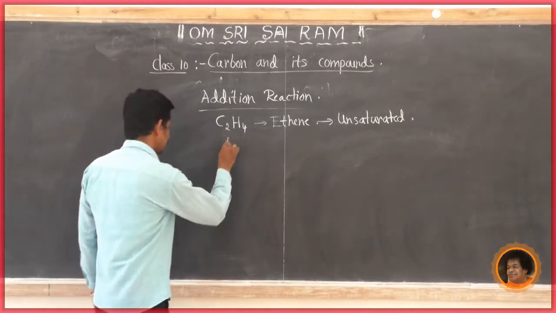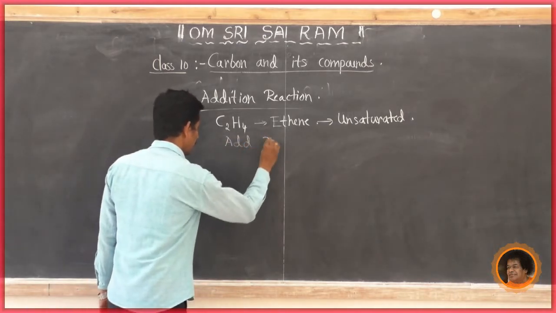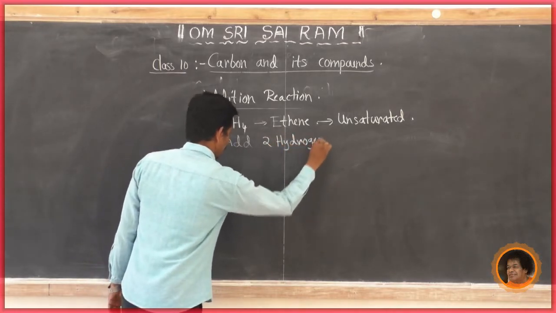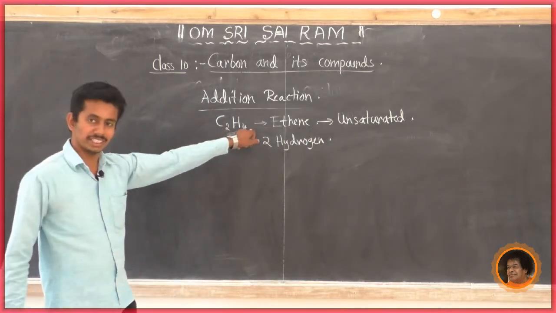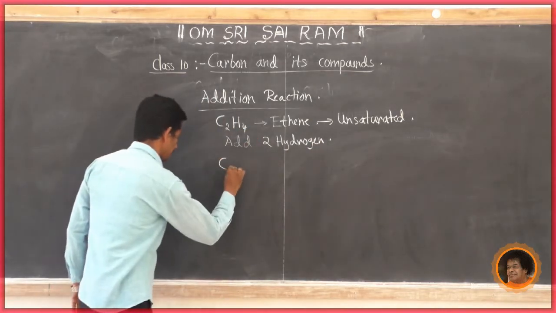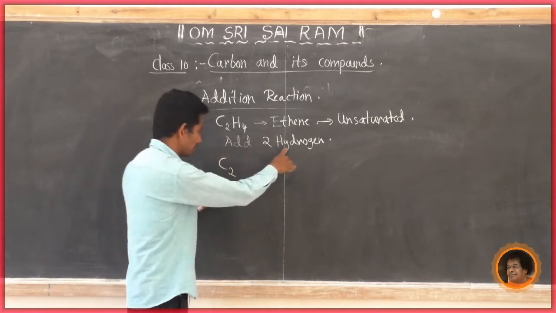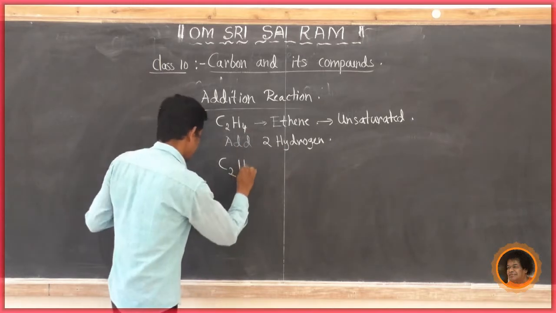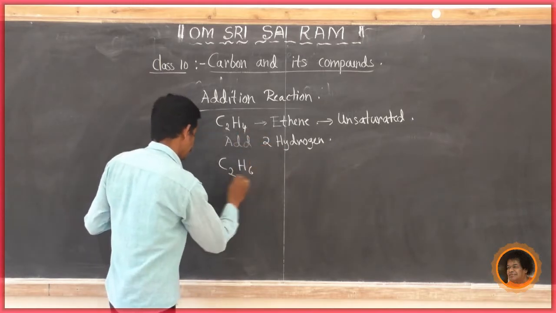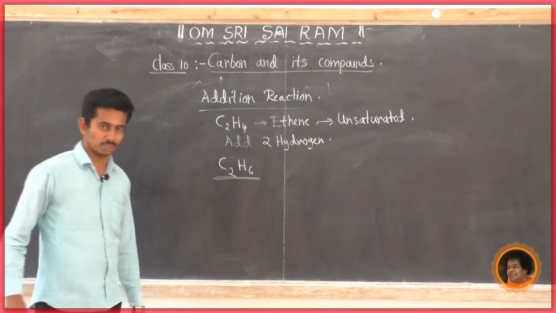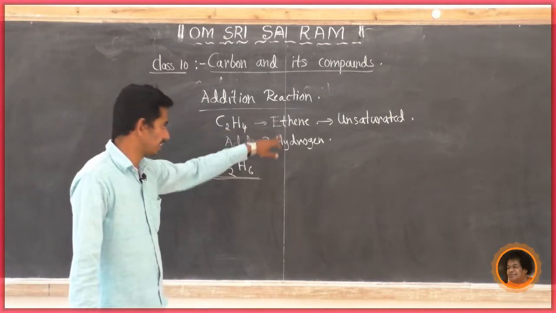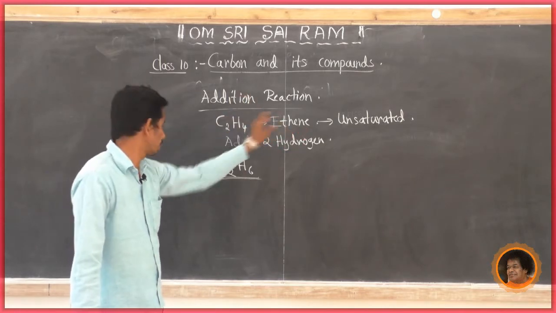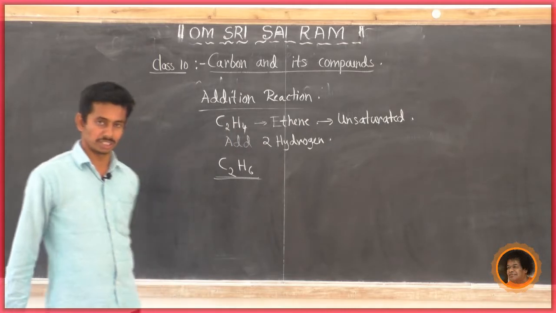How? By adding two hydrogens. Add two hydrogens to this ethene, carbon stays 2, and hydrogen becomes 4 plus 2, so C2H6.